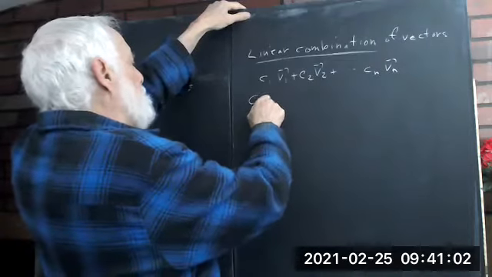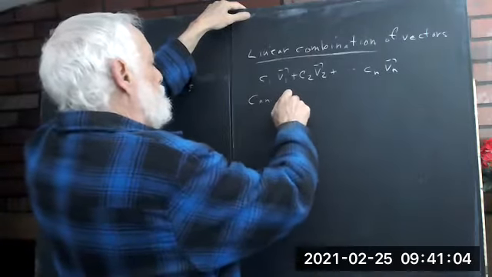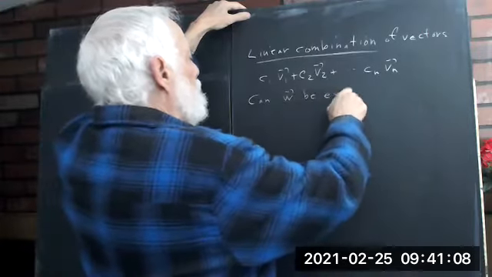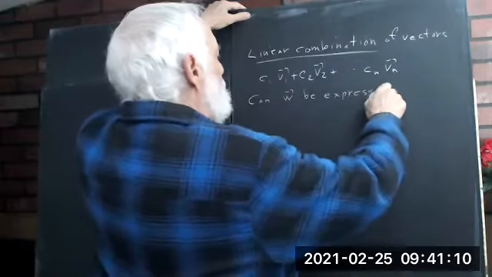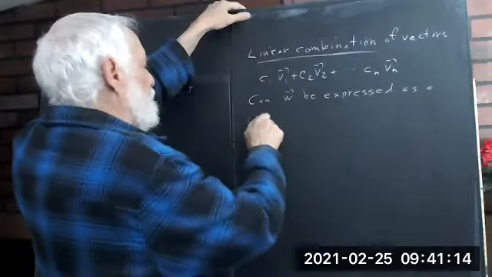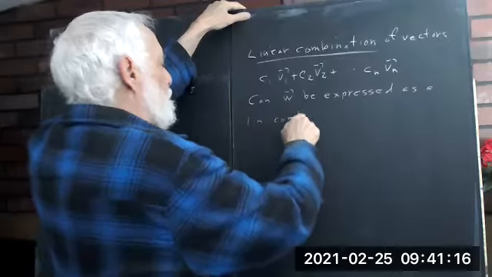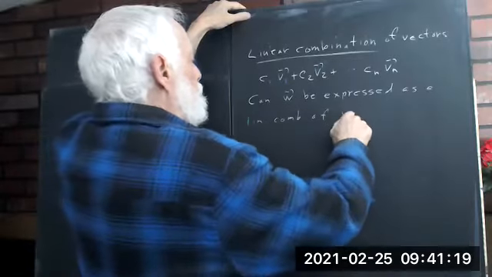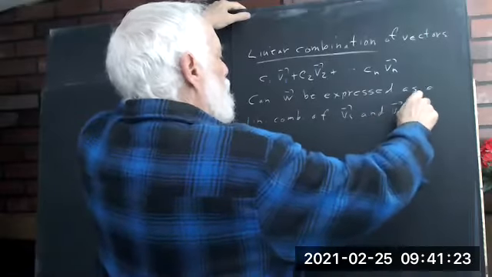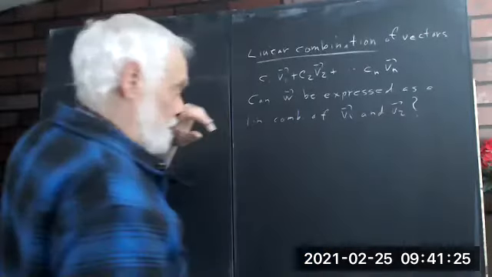So can W be expressed as a linear combination of V1 and V2?